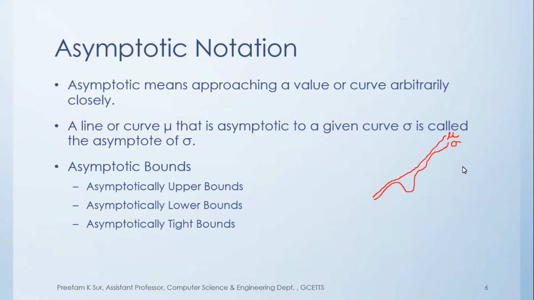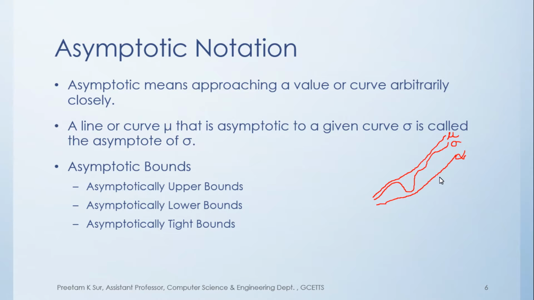Okay. Similarly, we can have an asymptotically lower bound, or another kind of graph which again has a closer value to the original curve sigma. Okay, but not the exact value of the original curve sigma. Rather, it has a closer value. Okay, but this curve is again simpler to represent in terms of mathematical expression, and also easier to understand. So let us call it alpha.